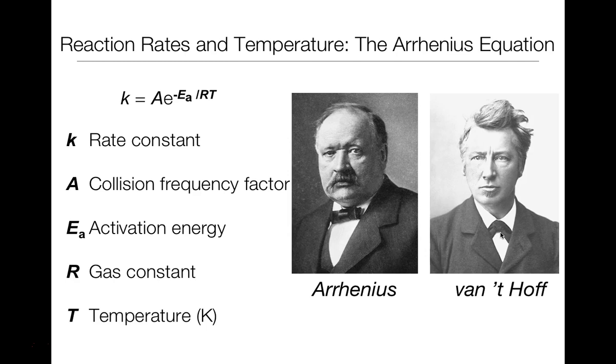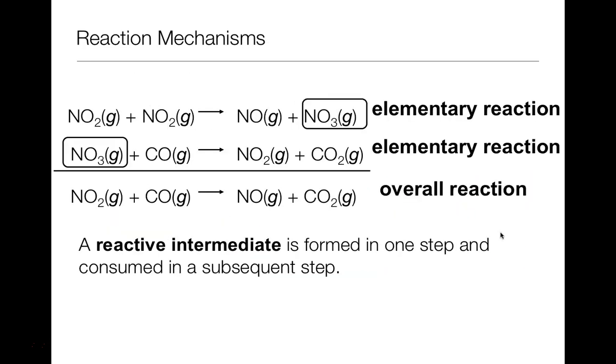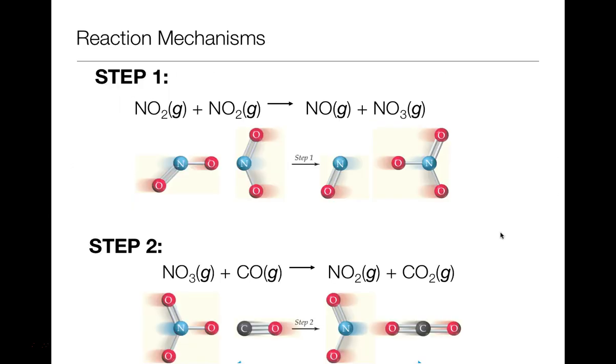And then we talked about A, right? The collision frequency factor. And this goes back way to the beginning of the talk. Hold on for a second, we're going to go on for a ride. It's going to take a bit. Go all the way back to the beginning and we look at this step in which these two NO2s needed to be oriented in the correct three-dimensional space in order to react.